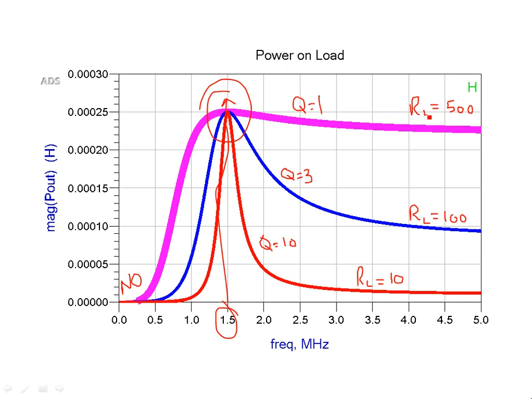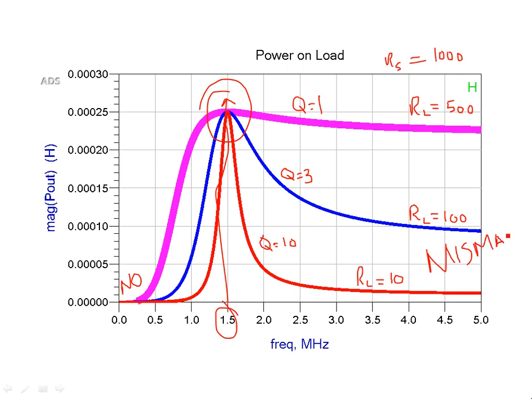But as the load resistance is different from the source resistance, which is set to 1000 ohms all the time, for a high mismatch like in the red case, your power is dropping. So this region is again your mismatch region.